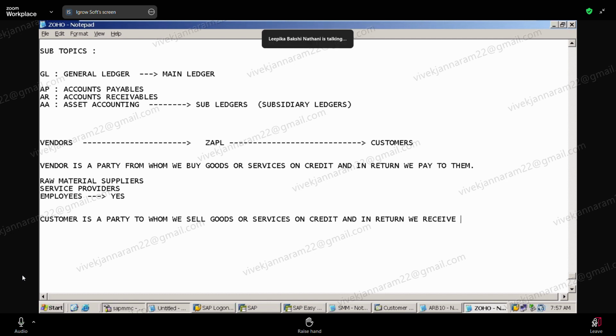We receive money. This is the customer definition. So any company you take, definitely vendors will be there, definitely customers will be there. You will not find a single company where these are not there.